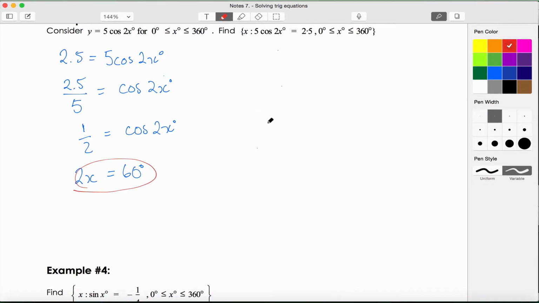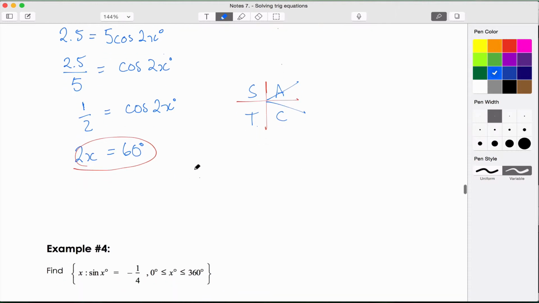Let's draw our unit circle. And we have cos equals 1/2, which is positive. Cos is positive here and here. So we can use 2x equals 60 degrees. That will be our first one.